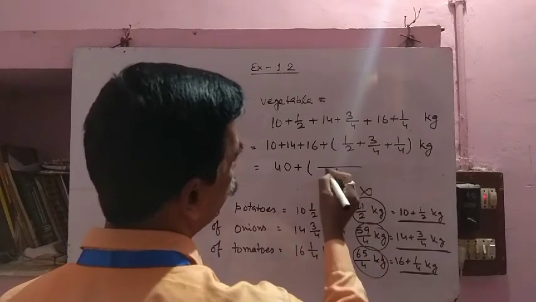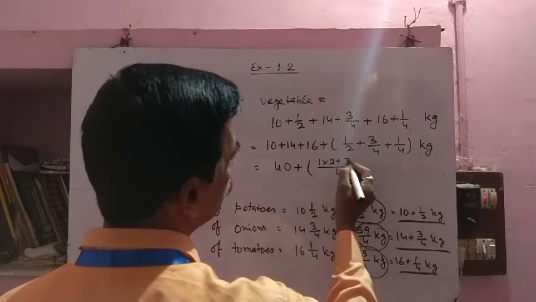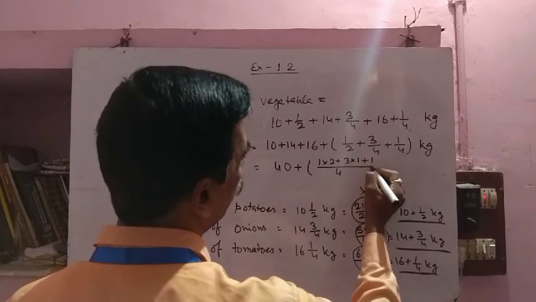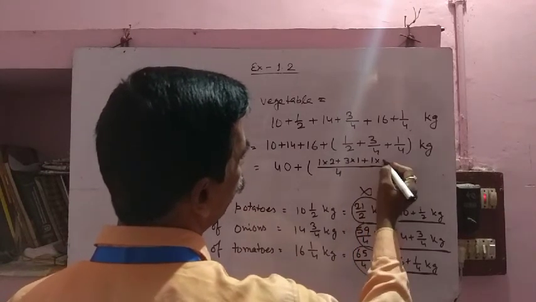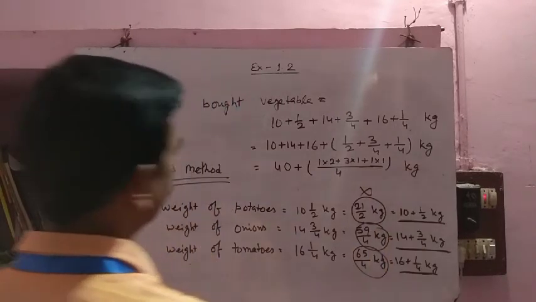So LCM is 4. Then 1 into 2, 2 times 4 is 8 plus 3 into 1 plus 1 into 1, this much of kg.